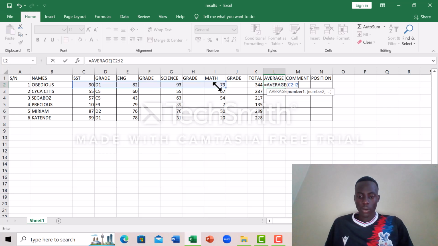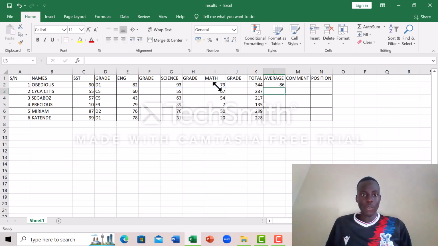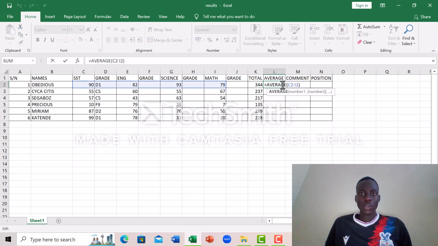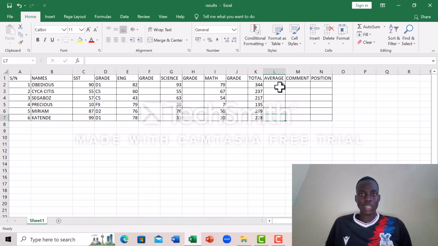Then we shall close our brackets, then we press enter. The average therefore is 86. If some of you don't confirm, you can press your calculators, it will bring you the answer to confirm.